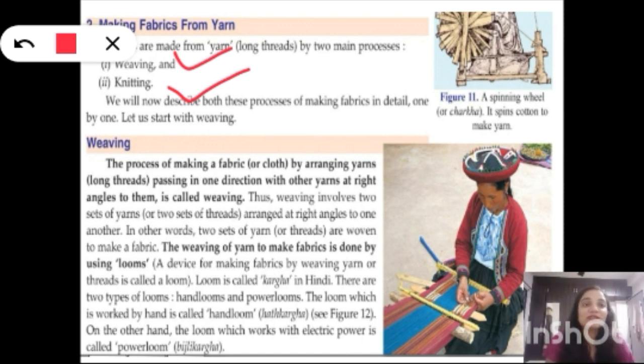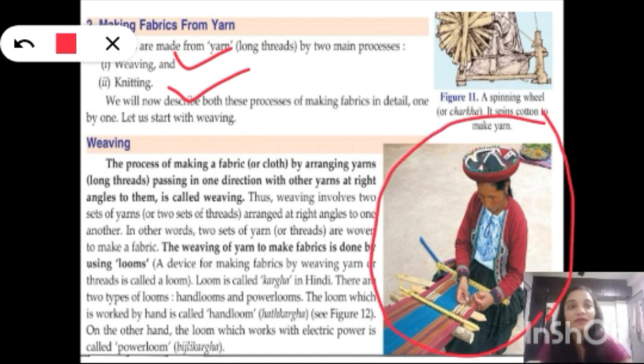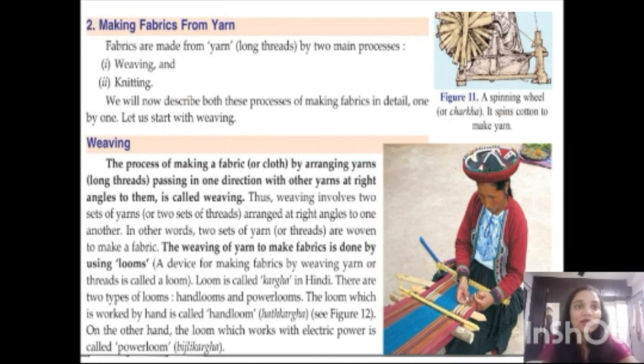In the previous age it was done by hand, but right now we have modern technology and we use machines. Here this lady is weaving yarn and converting it into fabric. This is the hand weaving machine, which she is using by hand. The name of that instrument is handloom.